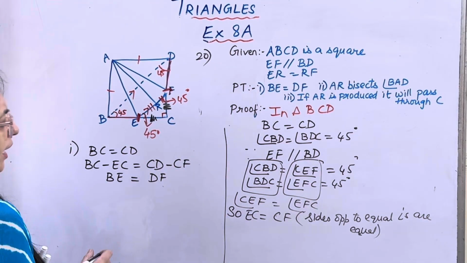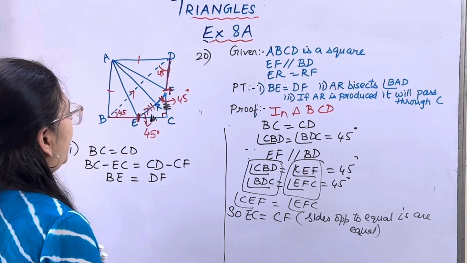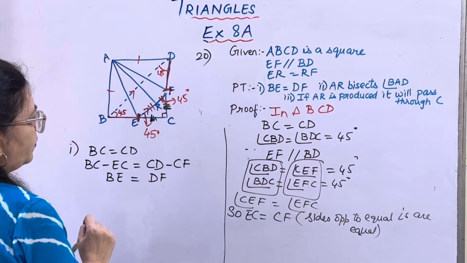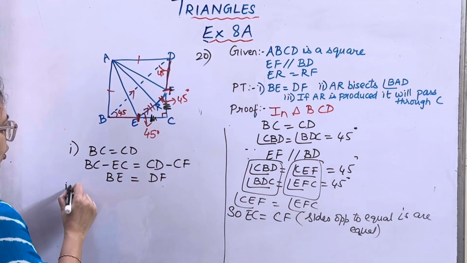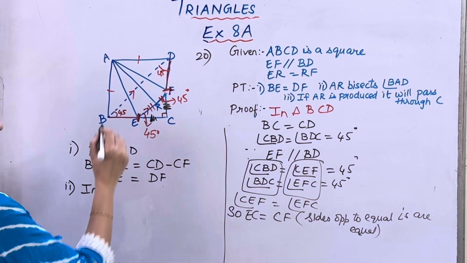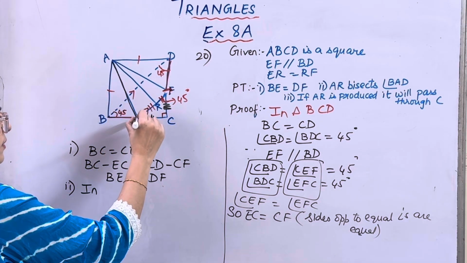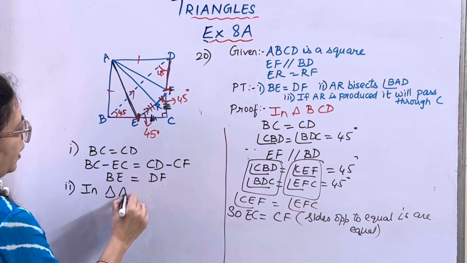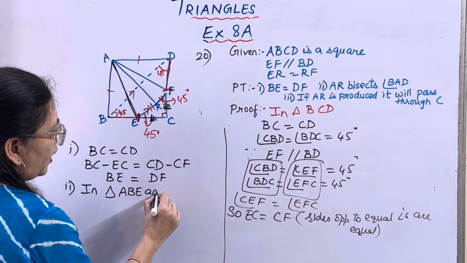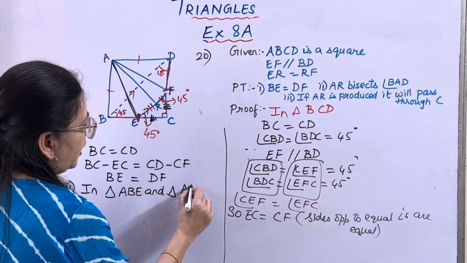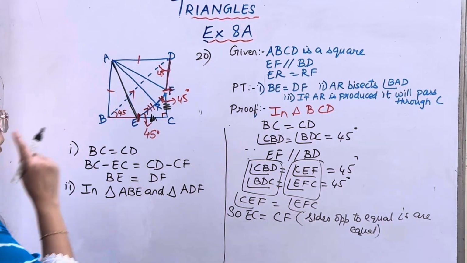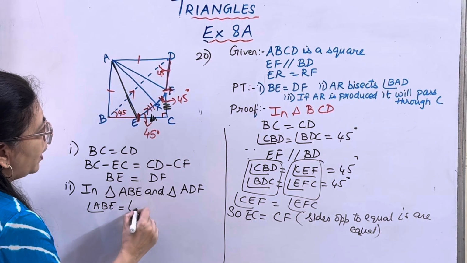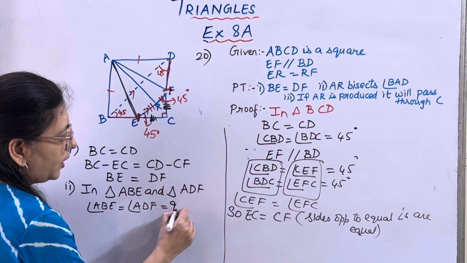Correct? Now AR has to bisect angle BAD. So first over here you will prove the congruency. You will have to prove that this side is equal to this side. So in triangle ABE and triangle ADF, angle ABE is equal to angle ADF is equal to 90 degree.